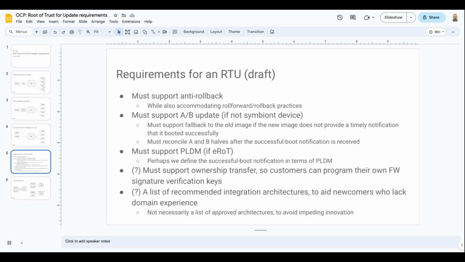They typically don't have the SRAM capacity for maintaining some logs.